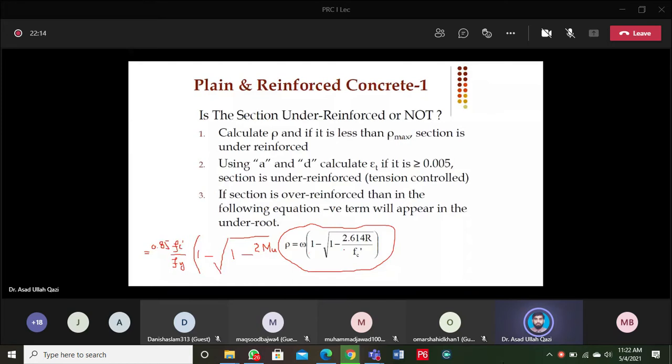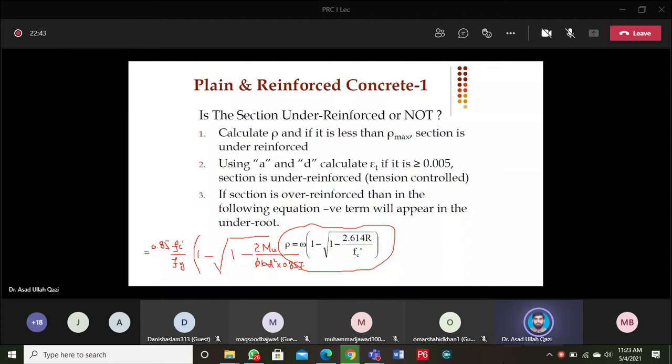But if I expand this and I put actual numbers, then it will be 2Mu over phi, which will be 0.9 into b into d square into 0.85 fc prime. So this is how I actually use this equation. So the answer you will get is the same.